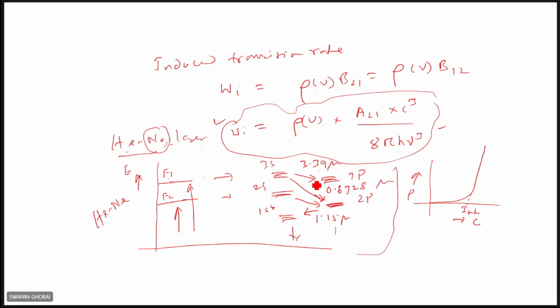When there is a collision between helium and neon, helium atoms transfer energy to the neon atoms, which are excited to the 2s and 3s states. Then there will be transitions from 3s to 3p, 3s to 2p, 2s to 2p, 2p to 1s, and 1s to the ground state. Not all of these transitions result in the emission of photons.